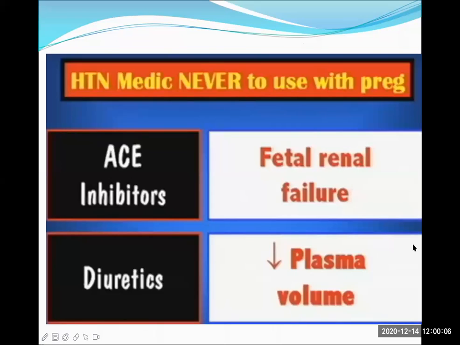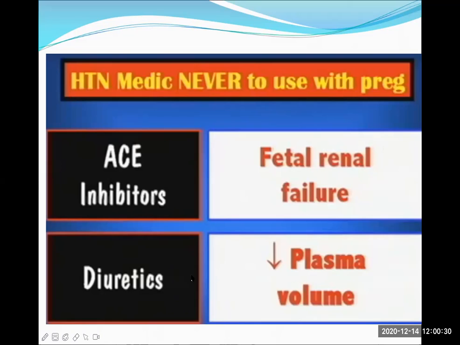Now, please, all of you, focus on this slide. What is written here? Hypertensive medications never to use during pregnancy are ACE inhibitors and diuretics, especially the ACE inhibitors. ACE inhibitors are strictly contraindicated during pregnancy. They can induce fetal renal failure.